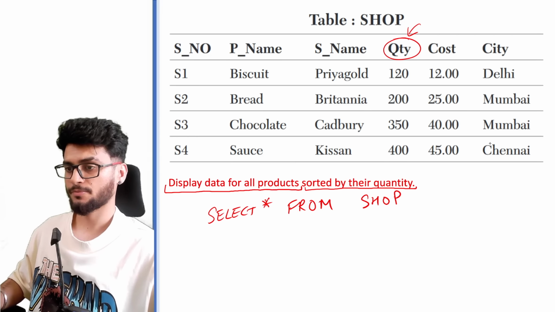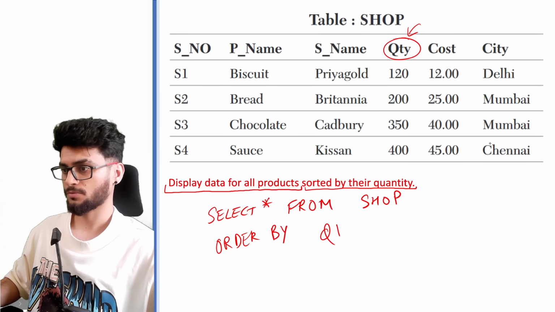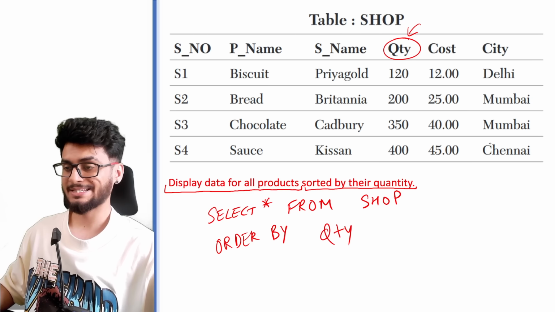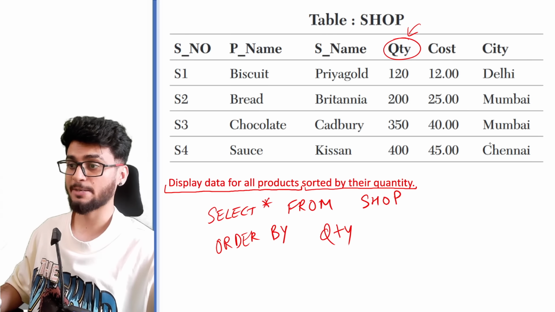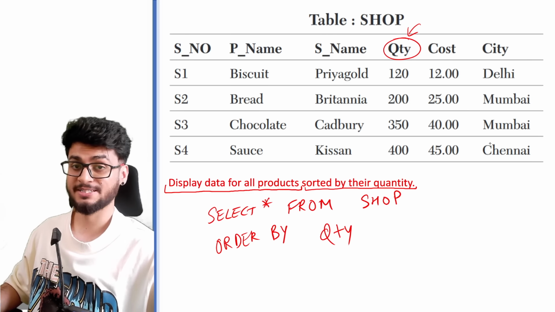So where will not be used. So we use order by. So this is the query अगर आपको सारे products display करने हैं sorted by their quantity.